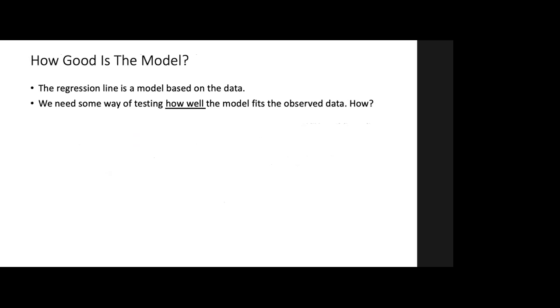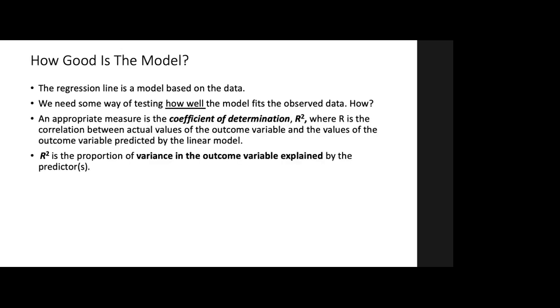When our goal is to predict our outcome variable, we want to know: is our model useful? How practical is it? Can we actually make a better prediction than by just guessing? So we have to find a way of testing how well the model actually fits the data.